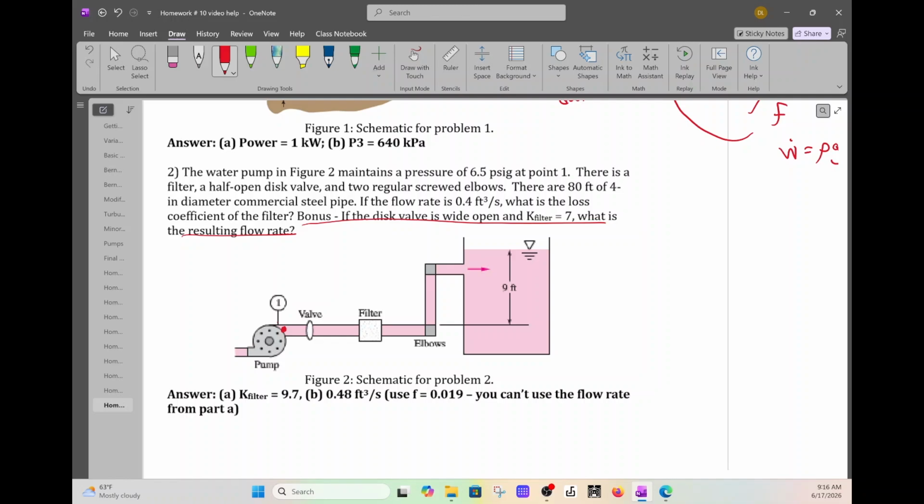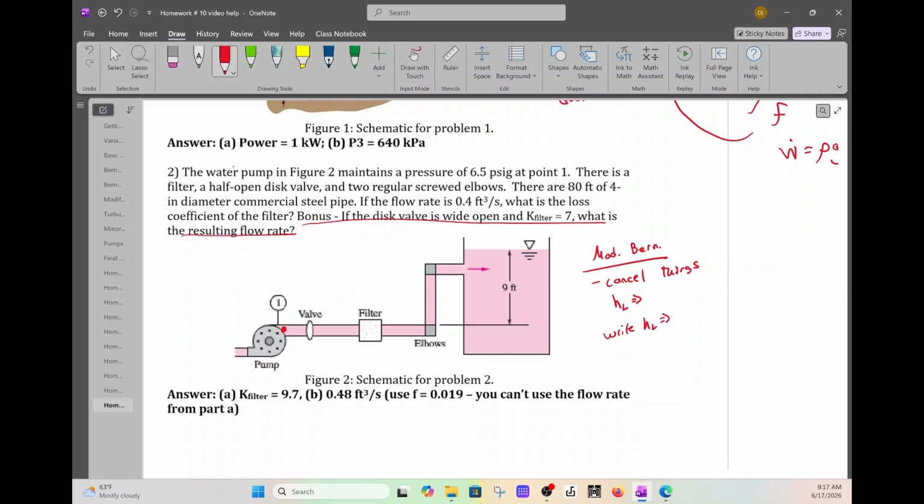But what I would do is, again, write modified Bernoulli's and then cancel things. And you'll end up basically solving for HL, and then you can write out HL.